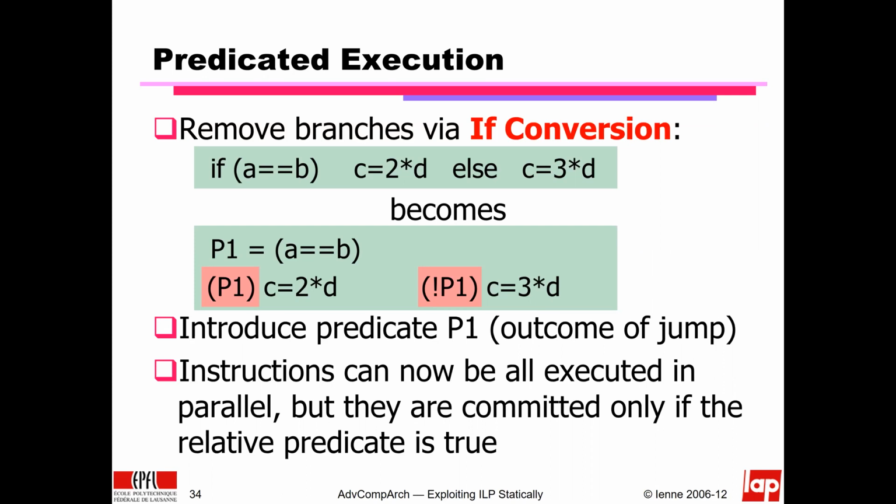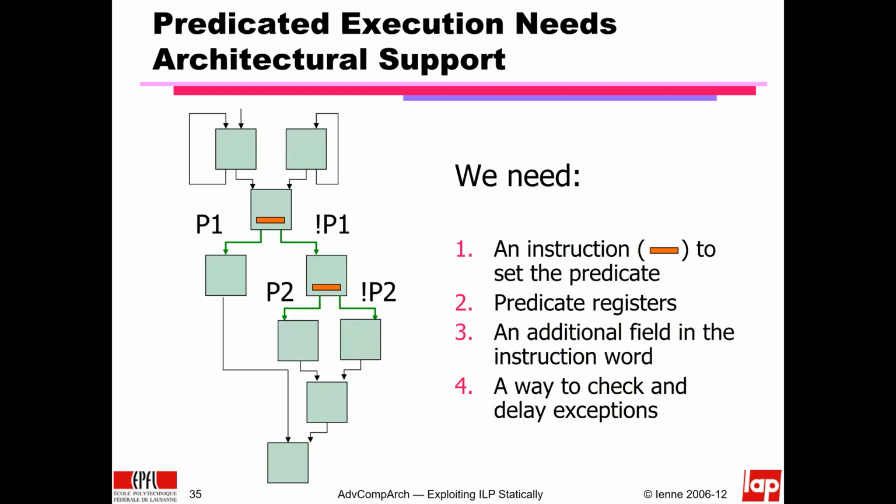This is the reason why this technique, at least in compilers, is called if conversion, because you convert the ifs. The ifs disappear. You have now only data dependencies to schedule as usual in some sense. What you need is this additional support for the ability to put a result in the register only if some flag is true or not.